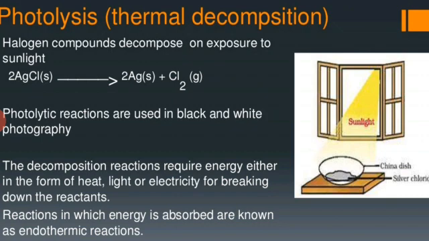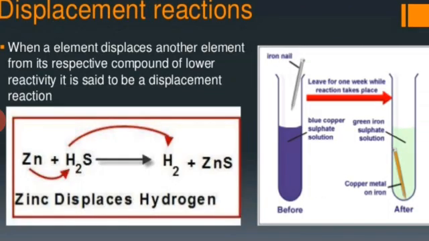All these reactions show that energy is absorbed during decomposition reaction. It means most of the decomposition reactions are endothermic reactions. Now come to the next type of reaction, that is displacement reaction.